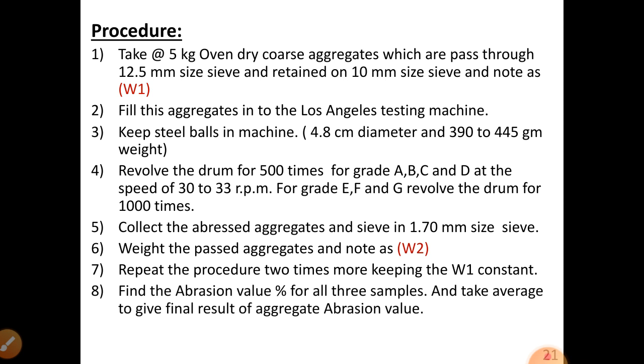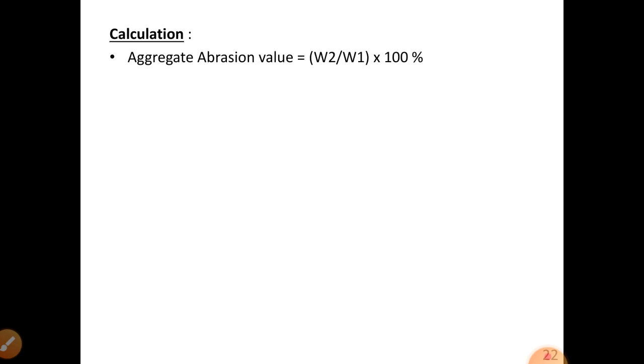Find the abrasion value in percentage for all 3 samples and take average to give final result of aggregate abrasion value. Calculation. Aggregate abrasion value is equal to W2 divided by W1 multiplied by 100.